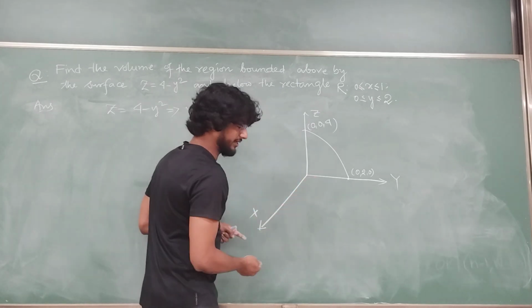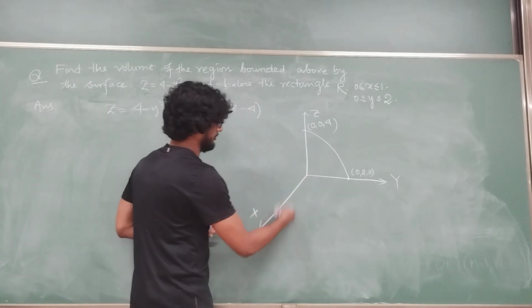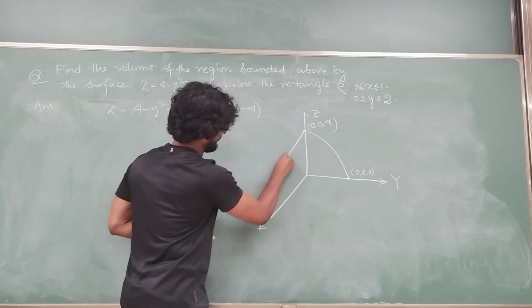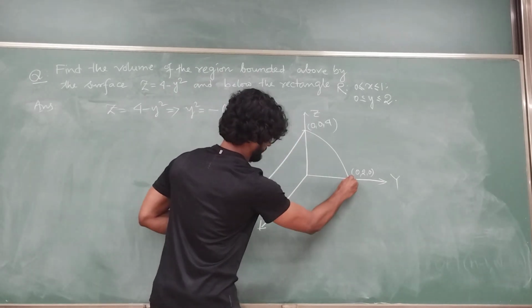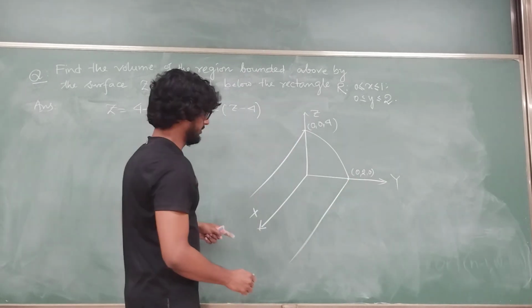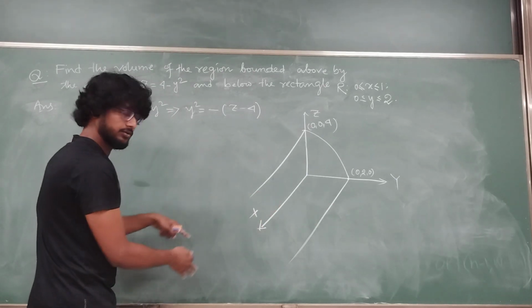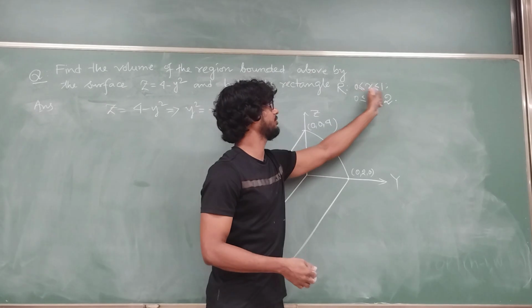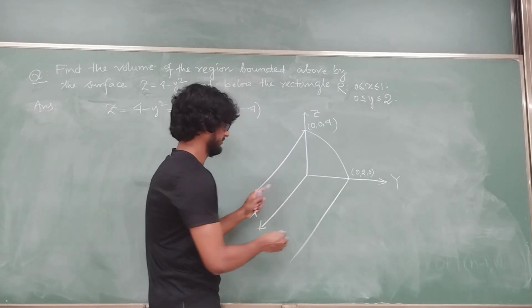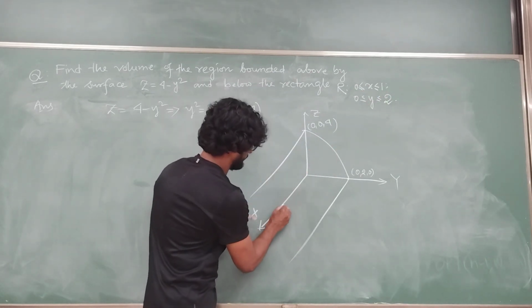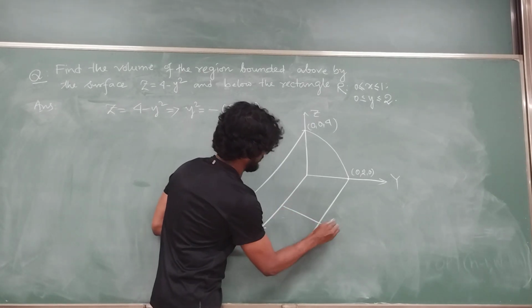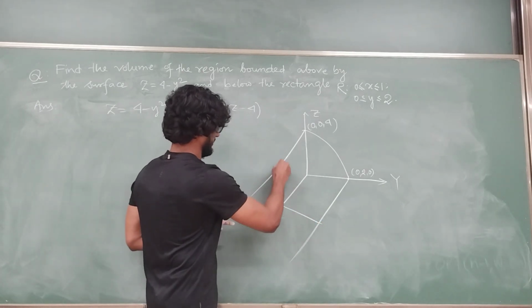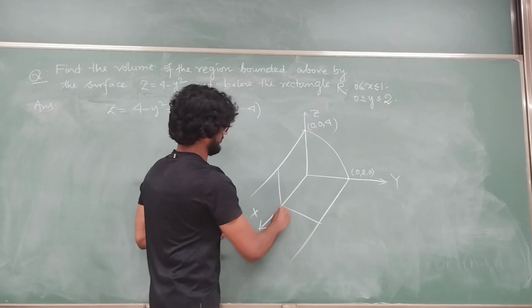Now it will move parallel through the x-axis. But we don't want to take too much, because x is bounded from 0 to 1. So up to 1 only we will take. I think this is up to 1, and this side it will intersect like this.